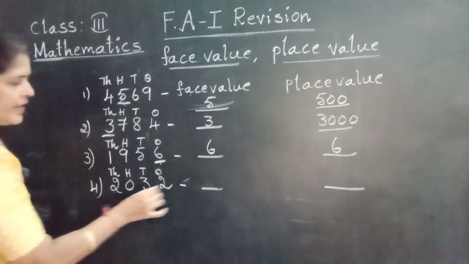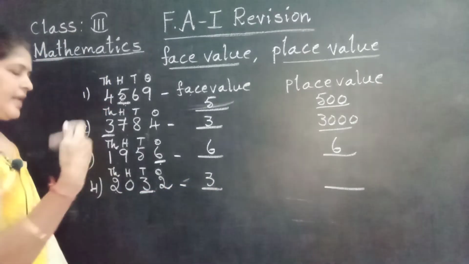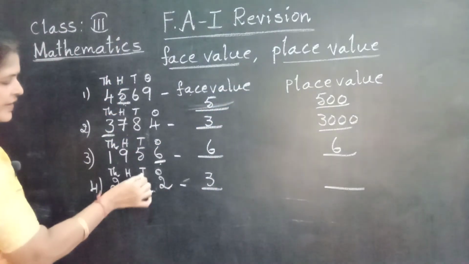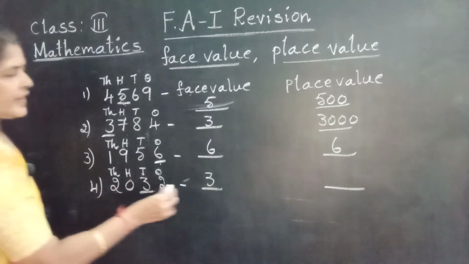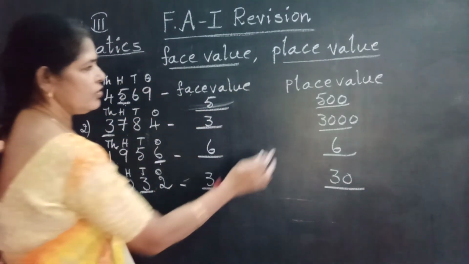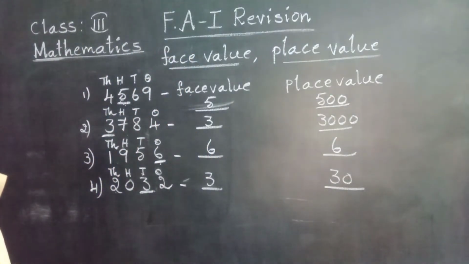Underlying number is 3. No change in the face value. Face value means number itself. Now write place value. 3 is in the tens place. 3 tens, 30. This is face value. This is place value of the underlying digits.